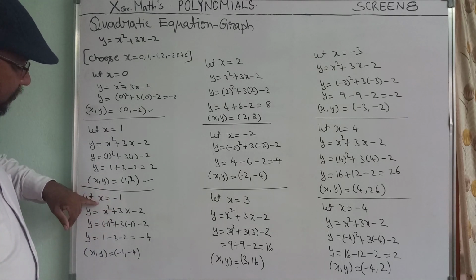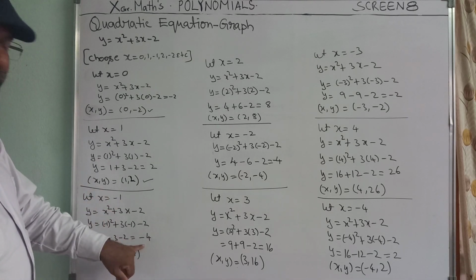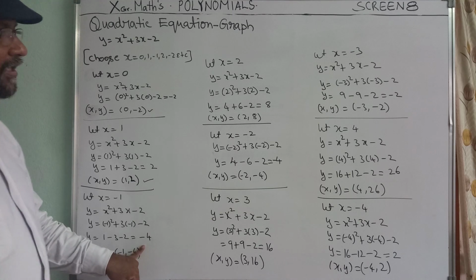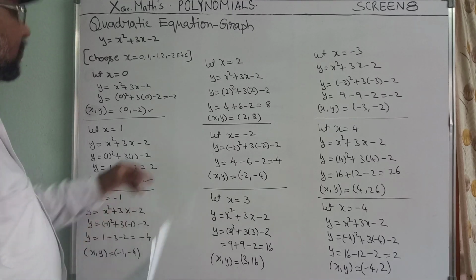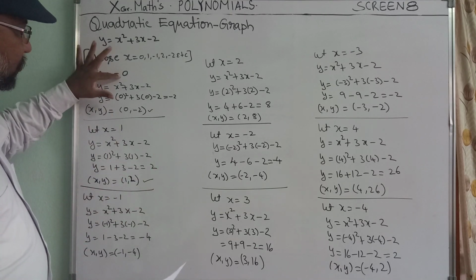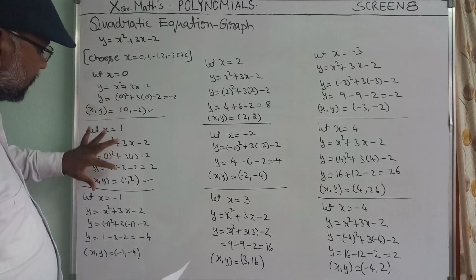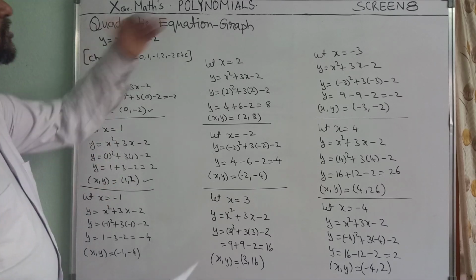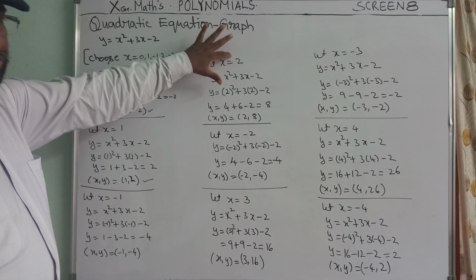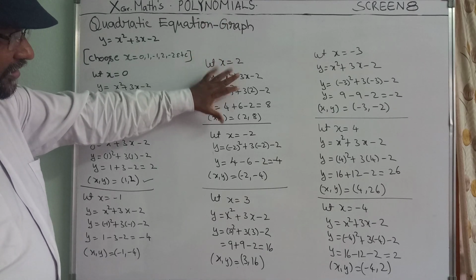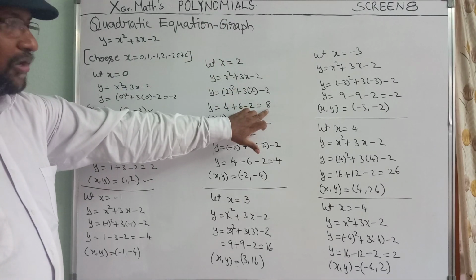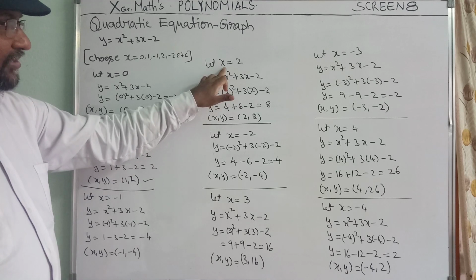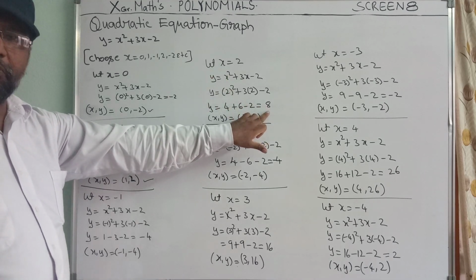Likewise, x is equal to -1. You will get another coordinate point. Likewise, we have finished 0, plus 1, minus 1. Next, go to plus 2 and solve it. Find the y value. x is equal to 2, y is equal to 8.